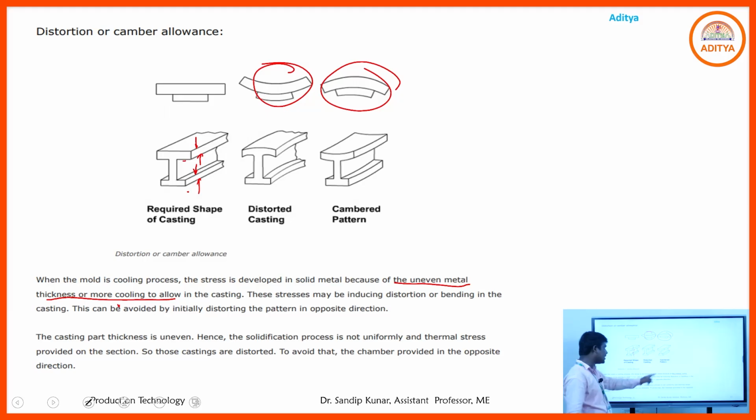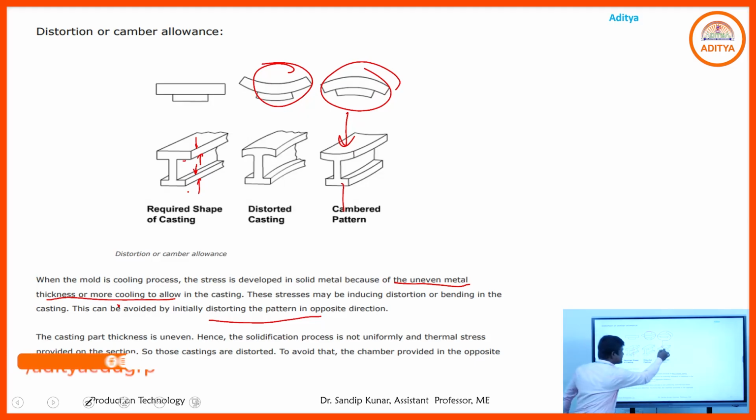So how do we avoid that? How do we avoid distortion by making the pattern in the opposite direction? If we consider it will bend to that particular side, then in that case we use the opposite-direction process. Heat removal will take place in opposite directions, and the metal thickness we also vary in that case.